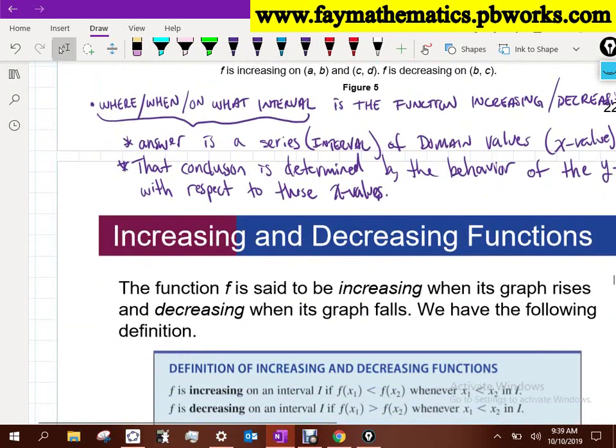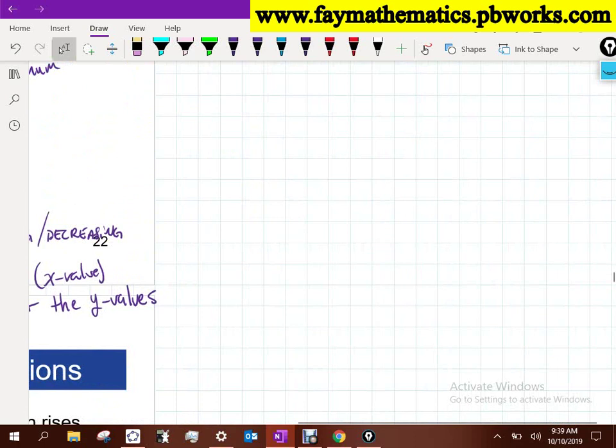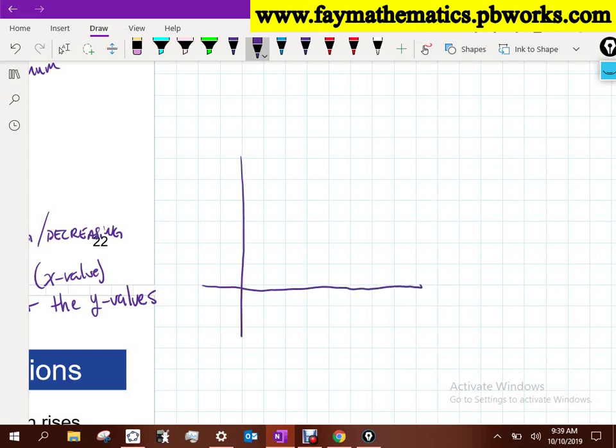Now, what I want us to also understand here, I'll kind of come to the side and draw this. Our increasing and decreasing concepts here, guys, we have to first understand where our minimums and maximums are for this particular reason. And then I'll try to keep this as something like that.